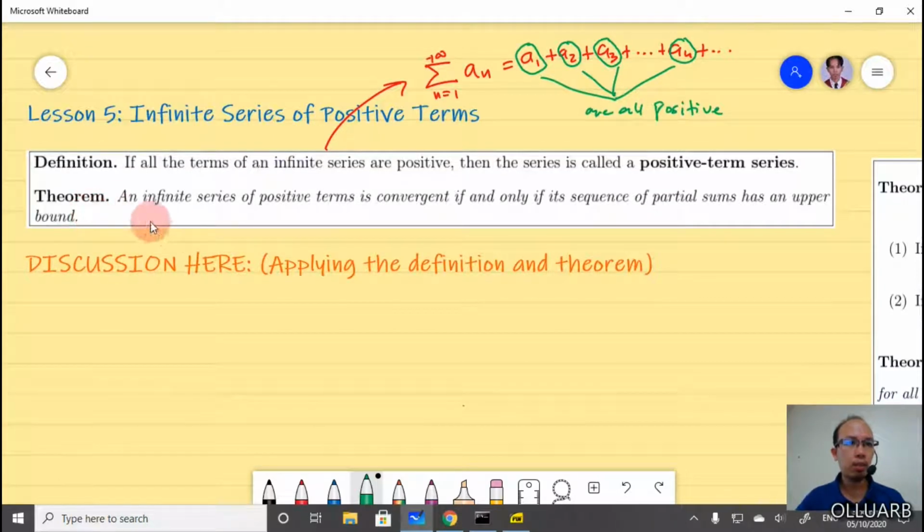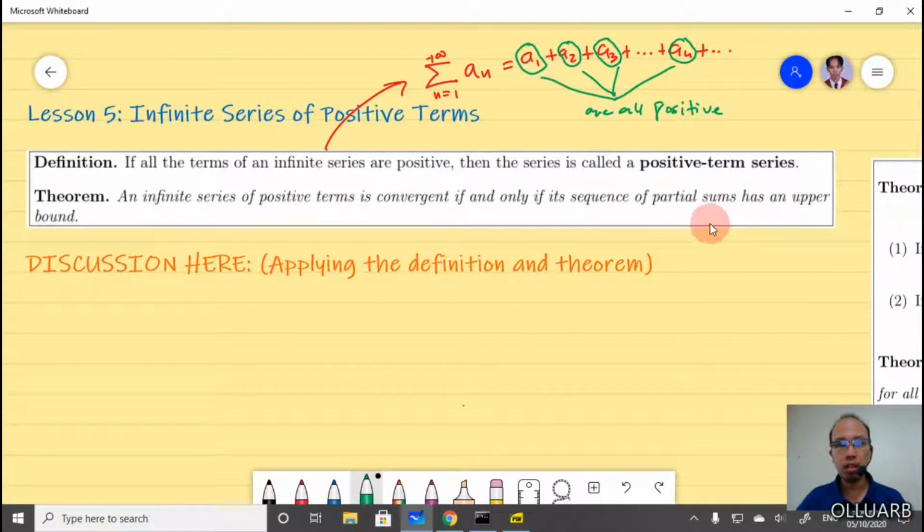For this theorem, which is related to our definition, if you are given an infinite series of positive terms which is convergent, then the sequence of partial sums has an upper bound.